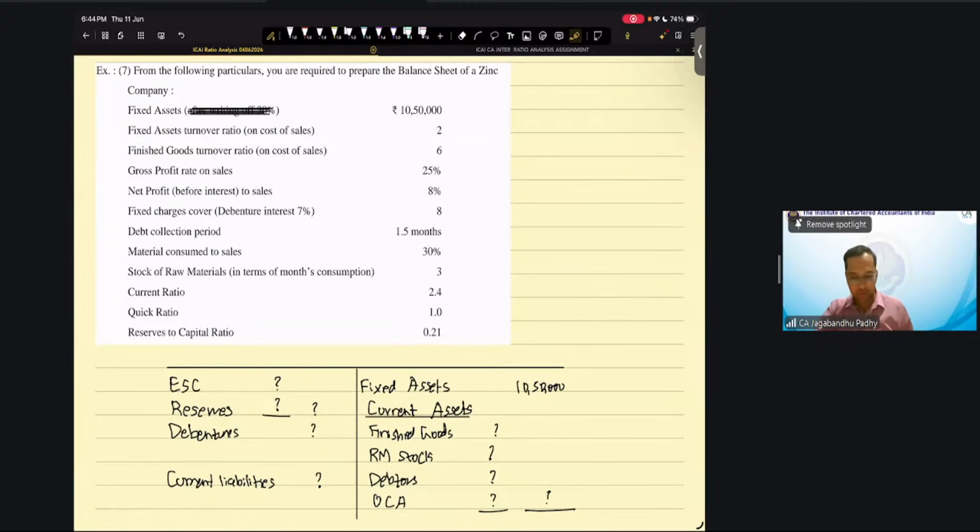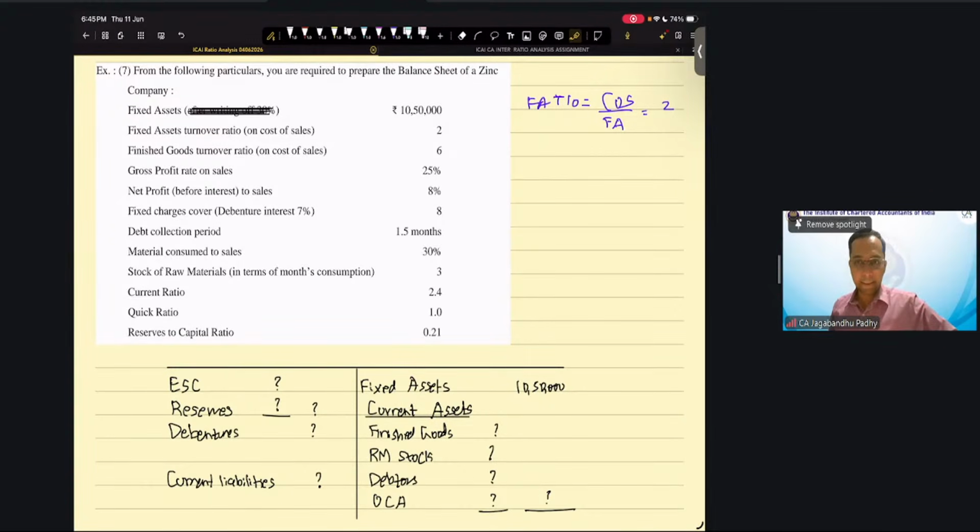Give me the value of cost of sales, because the fixed asset turnover ratio, as this formula says, is cost of sales upon fixed asset value, which is 2 times. We know the value of fixed assets; we have to get the value of cost of sales.